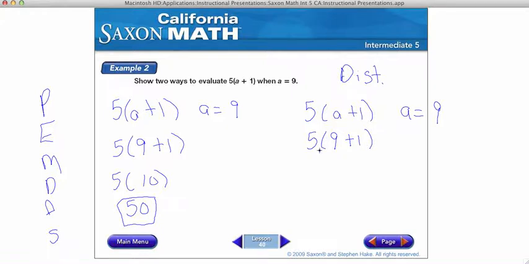And now I distribute the 5. 5 times 9 plus 5 times 1. And now I can solve. 5 times 9 is 45, plus 5 times 1 is 5, equals 50. Okay, and my answers match, so I know I did it correctly. Let's look at example 3.